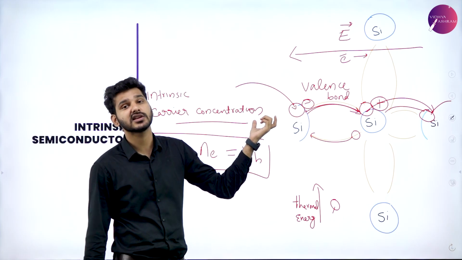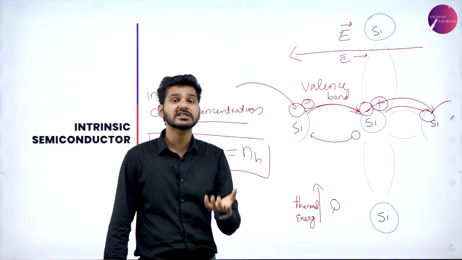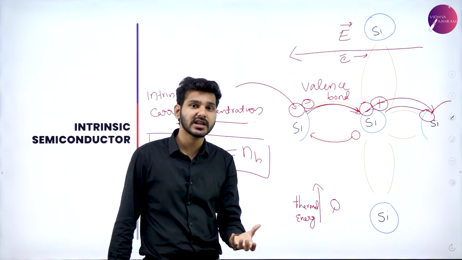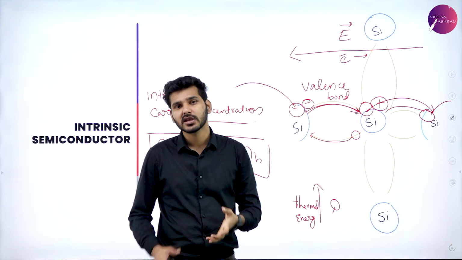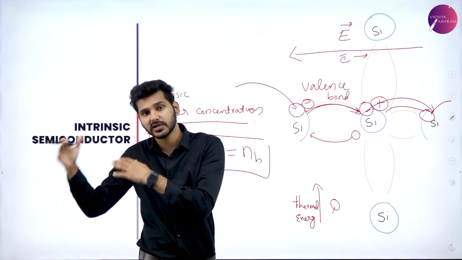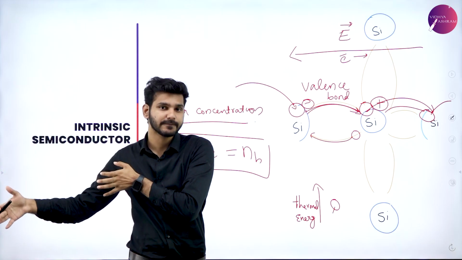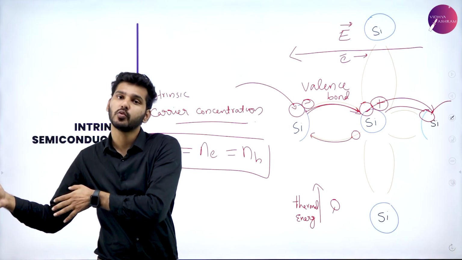So we can say that when we apply an electric field, positive holes are created and they are being filled, which means holes appear to move. They are not actually moving, but holes appear to move in one line, which means it is positive charges which are moving.